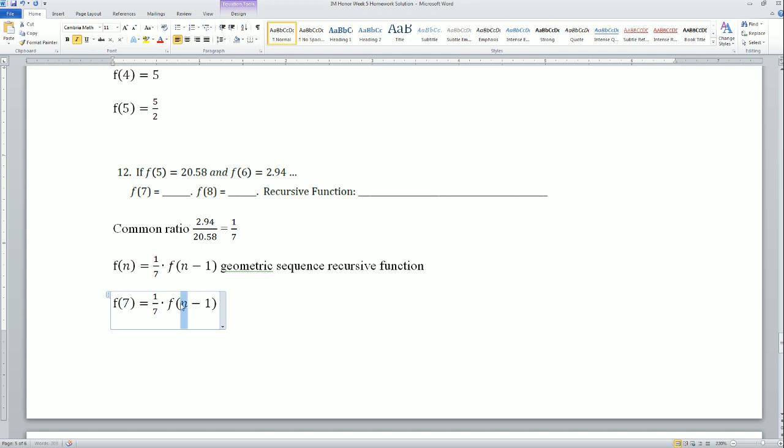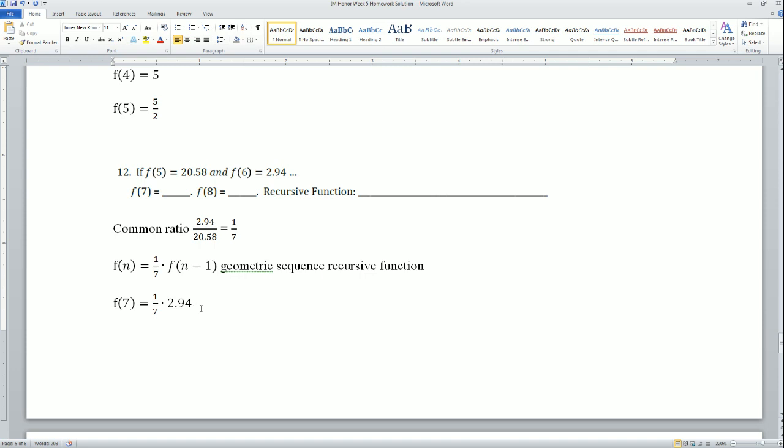So plug in 7 here. What's 7 minus 1? Which is 6. What is f of 6? Which is 2.94. Oh, that is so ugly. 1 over 7 times 2.94. Again, you're going to need a calculator when it gets this ugly.